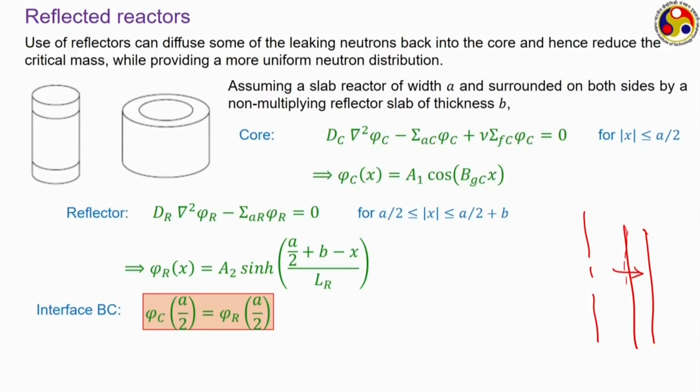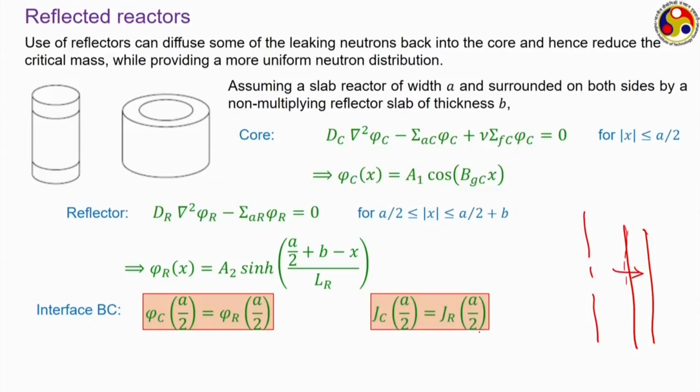Rather, the value of the neutron flux distribution in the core and the same inside the reflector should be equal at this particular interfacial surface.